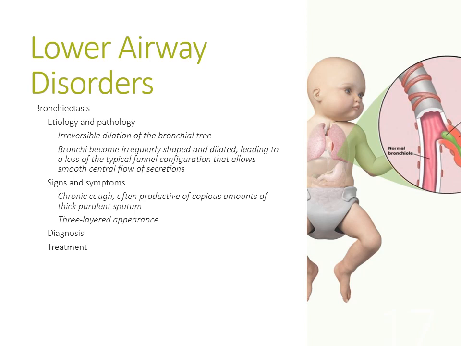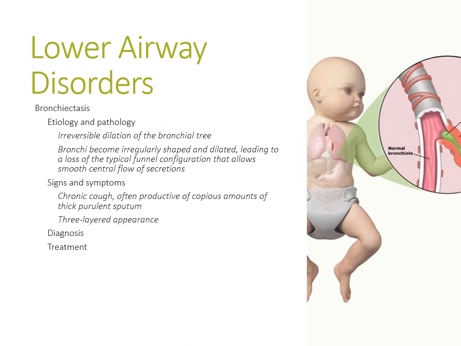Common causes of bronchiectasis are foreign body aspiration, mediastinal mass, measles, pertussis, pneumonia, Kartagener syndrome, and cystic fibrosis. Bronchiectasis can occur after an infection or in patients suffering chronic pulmonary problems like CF.